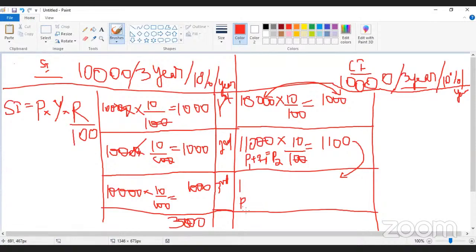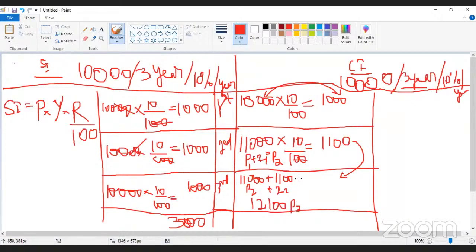What is the second year's principal amount? 11,000, plus the second year's interest of 1,100. Adding them both, I get the principal amount for the third year, that is 12,100.